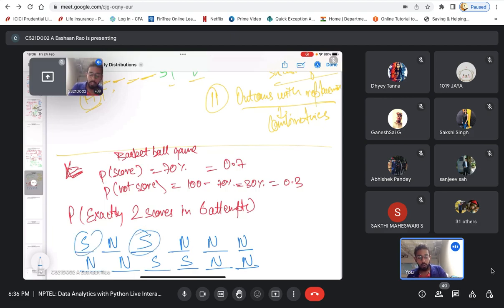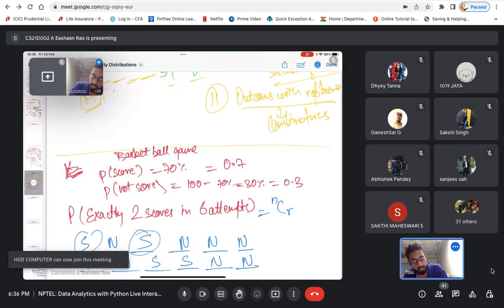Instead of doing all this manually, we can use binomial distribution, because here I have only two outcomes: either I score or I do not score. The formula of binomial distribution is nCr times p raised to r, times the probability of failure raised to n minus r.